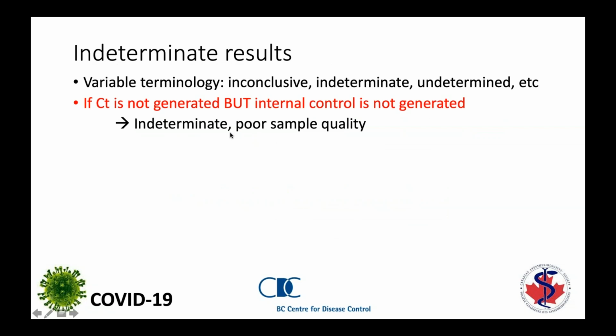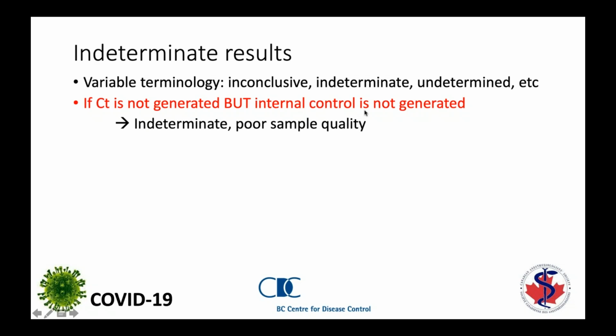The indeterminate results seem to be challenging for many folks, and I'll try to go through that and introduce some clarity. First of all, the confusion comes from different laboratories using different terminology, and this is not standardized internationally. Some laboratories would use the term inconclusive, indeterminate, or undetermined. At our facility, we landed on indeterminate when a CT is not generated or is greater than 40, and the internal control is not generated.